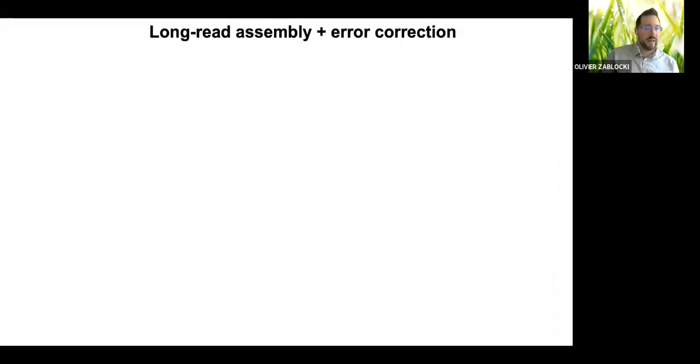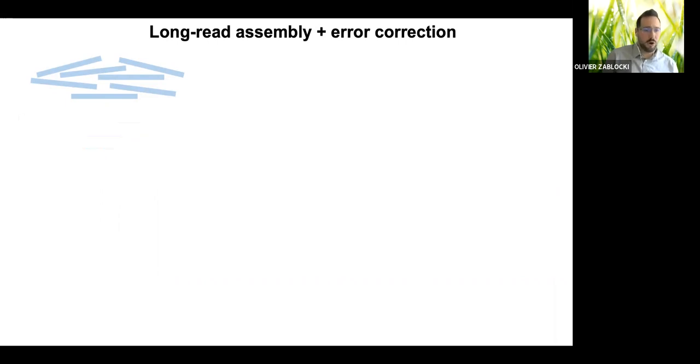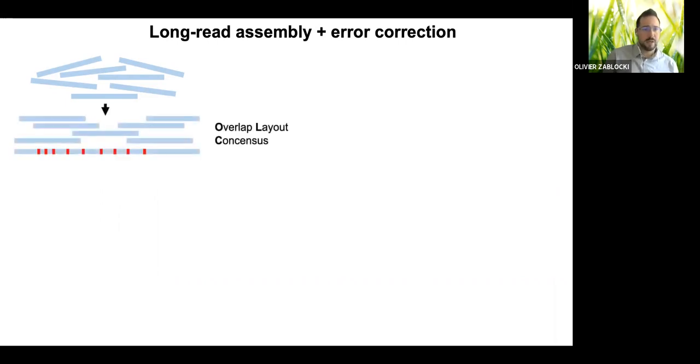Before we get into that, I just want to give you a visual overview of what these tools are actually going to do. If you have these long reads here, you will first have an assembly method called overlap layout consensus. This is not a new assembly method.